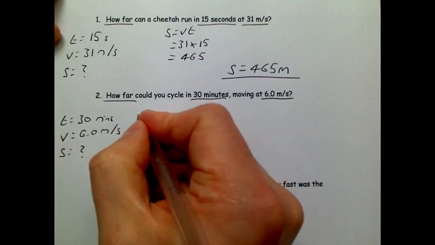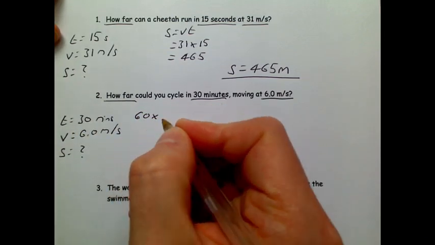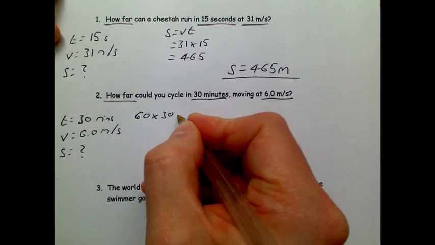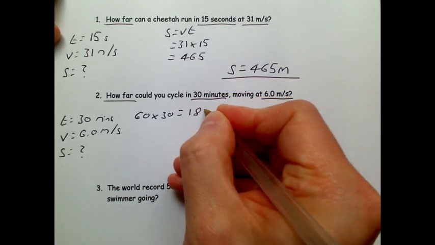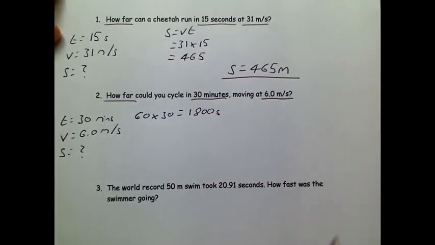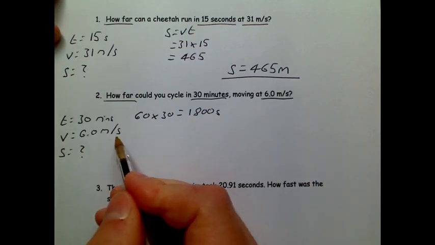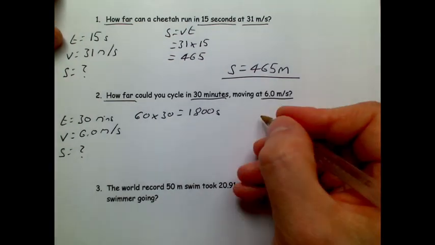I know there are 60 seconds in 1 minute, so I multiply 60 seconds by the 30 minutes I'm given to find out how many seconds are in 30 minutes, which is 1,800 seconds. So now I've got a time in seconds and a speed in meters per second. I can carry on. So what equation do I know?